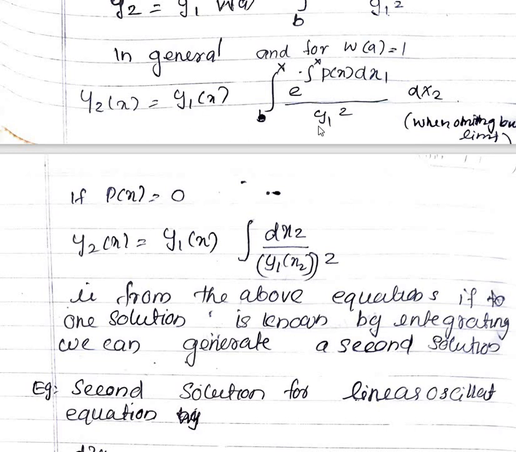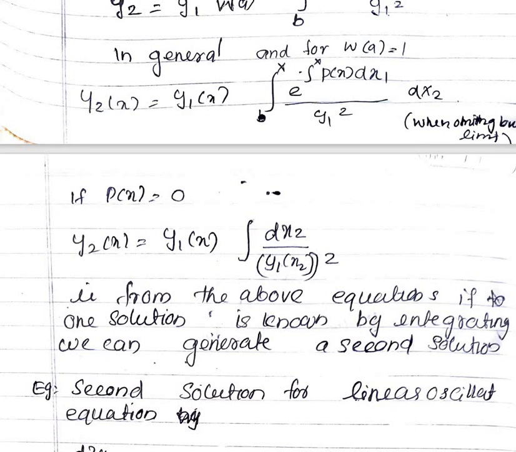In a special case, when p of x is equal to 0, we can rewrite this equation for y2 as y2 of x is equal to y1 of x integral dx2 divided by y1 square, because this term vanishes. Okay, that is, from the above equation, if one solution is known, by integrating we can generate the second solution.